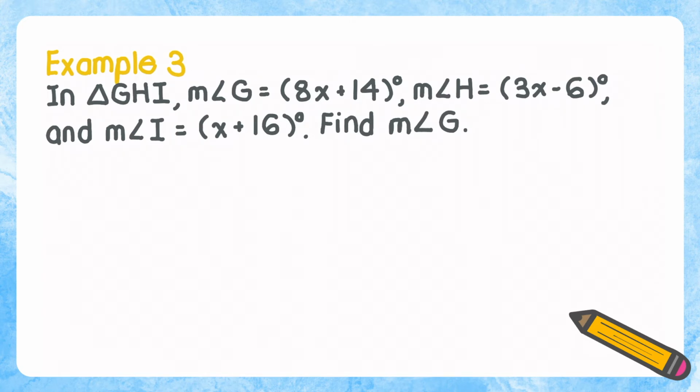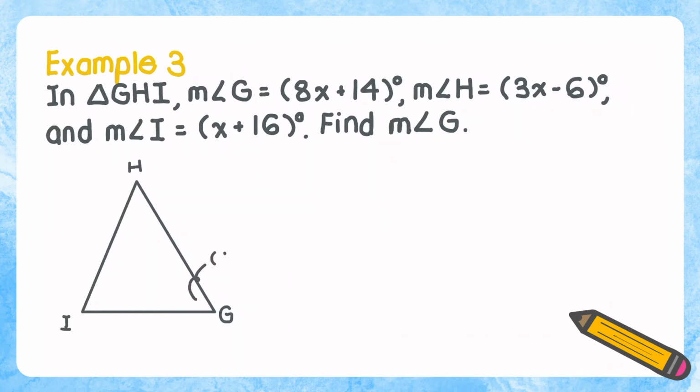So first things first, let's draw out triangle GHI. So here's just a random triangle. You don't have to draw it to scale. And I'm going to label it GHI. And we're given the angle measures for each angle.